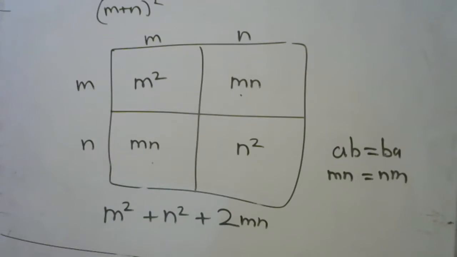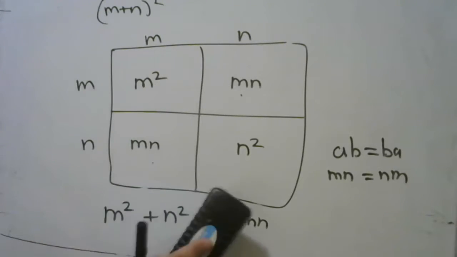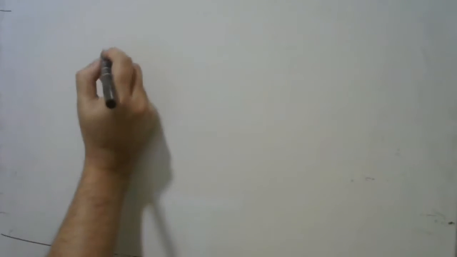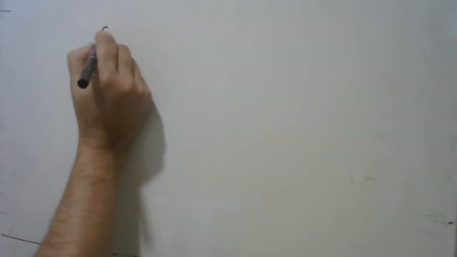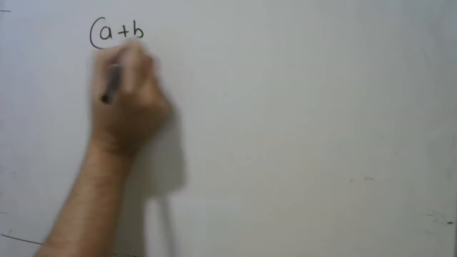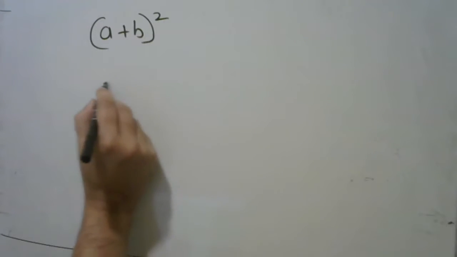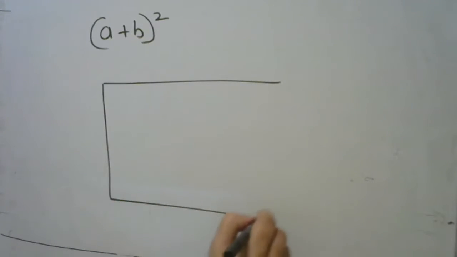I'll look at it from a different angle now. Clear this. M plus n all squared. This is plus, so we're adding everything here. What about a plus b all squared? Again, we can just put it in a grid format.